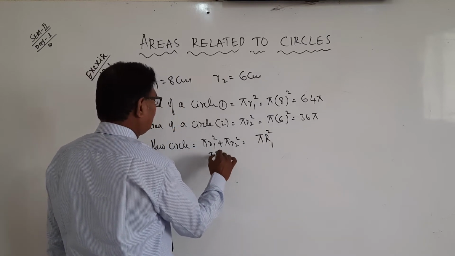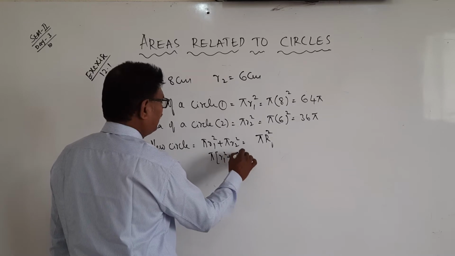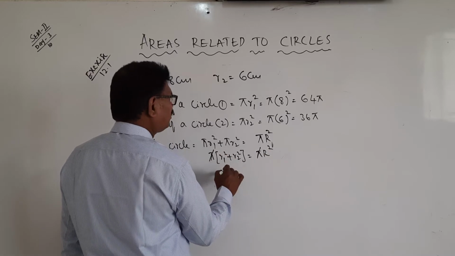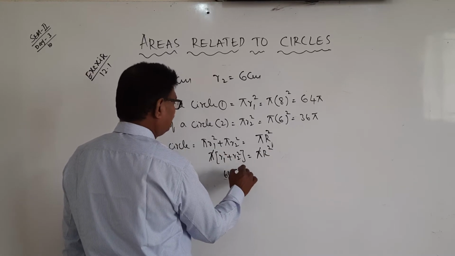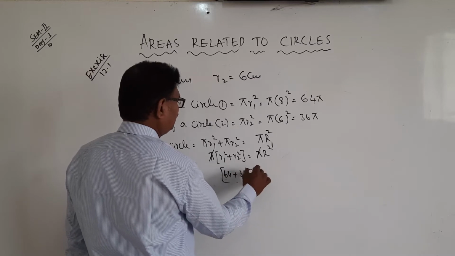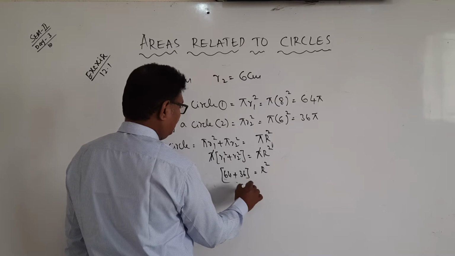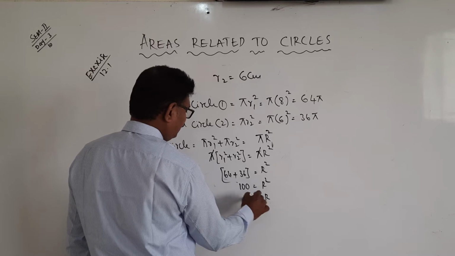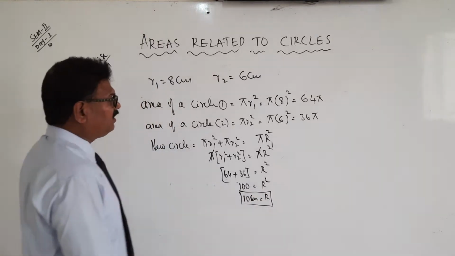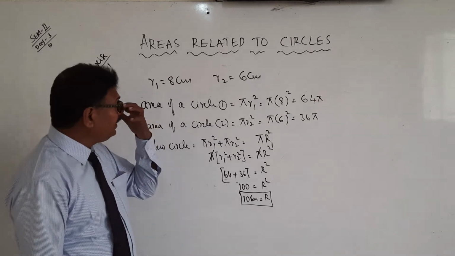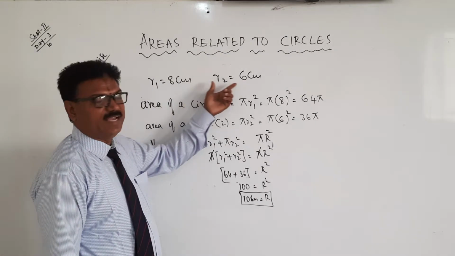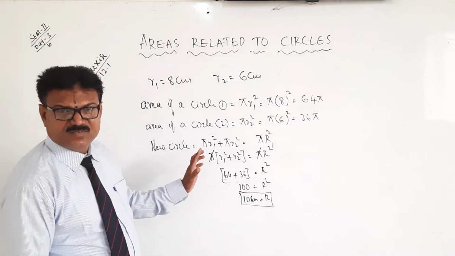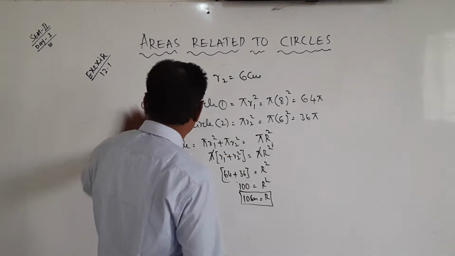Take pi common, pi cancels. r1 square is 64 plus 36 equals r square, which is 100. Therefore r is equal to 10 centimeters. So the radius of the new circle whose area is the sum of these two areas is 10 centimeters. Did you understand? Very good. Next problem.